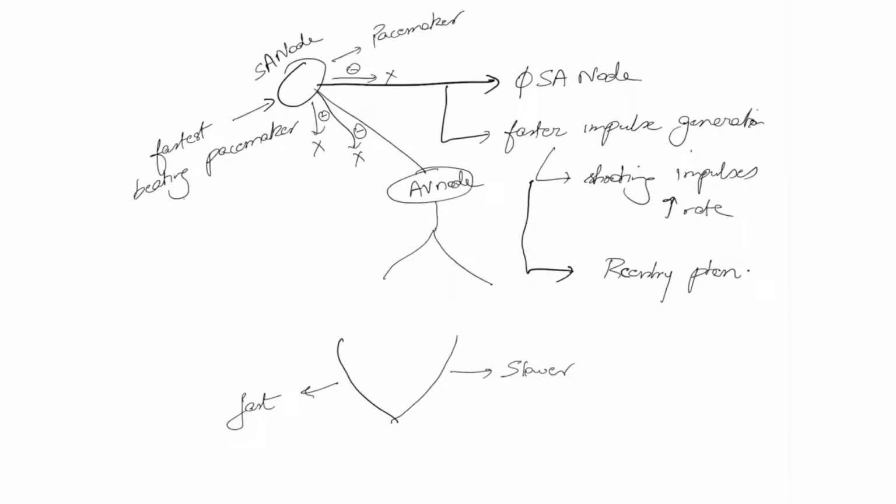As a general dictum, the conduction pathway that's fast has a longer refractory period, and the one that's slower has a shorter refractory period.